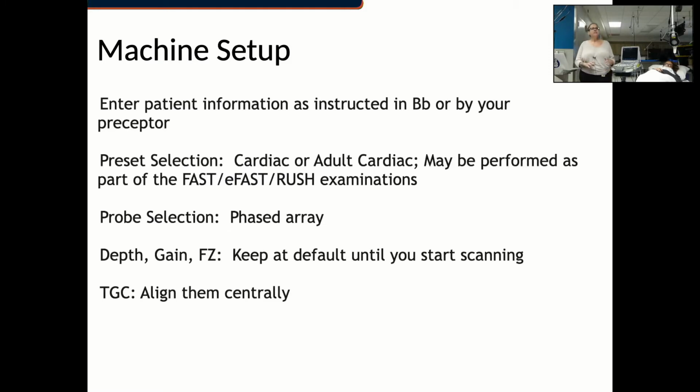So you are going to set your machine up either the way Blackboard instructs you to if it's a lab, or the way your preceptor instructs you to if you're using this clinically.